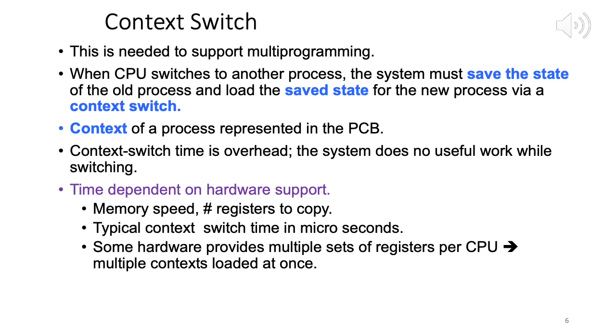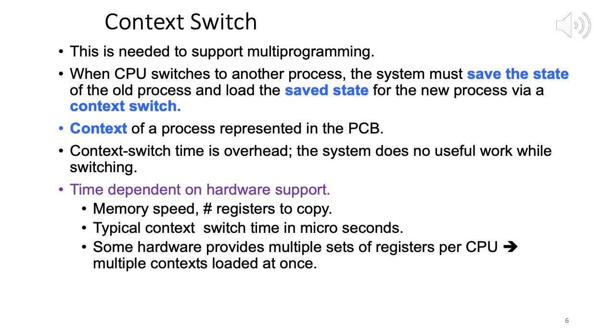So now what happens when a task or a process enters into its IO mode? Then we have to give the CPU to some other process, so that other process will start to execute now. So this is called a context switch.